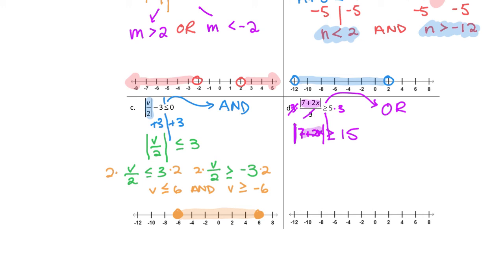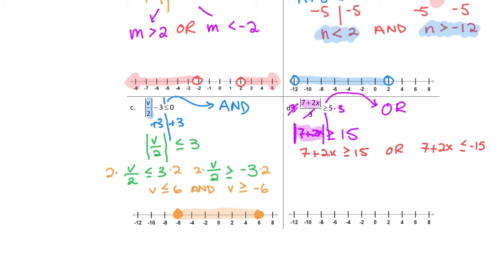There's now nothing on the outside of my absolute value part, so I'm good to start splitting it apart. I'm going to have 7 plus 2x is greater than 15, and it will be an or. 7 plus 2x is less than or equal, don't forget that switch, and it's going to be negative 15 for that negative direction when we graph this.